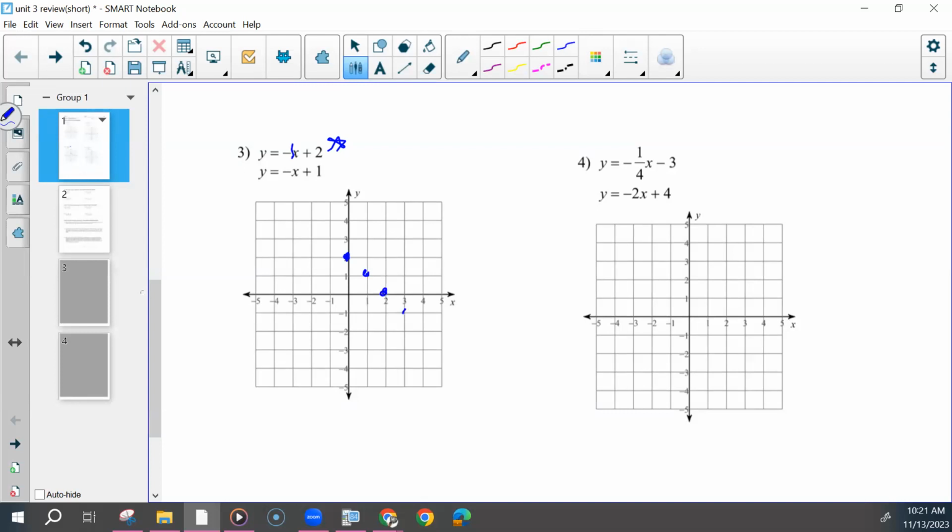Down 1, right 1. Then we can also go the opposite way, up 1 and left 1, as many times as possible. Draw a line through all of those points.